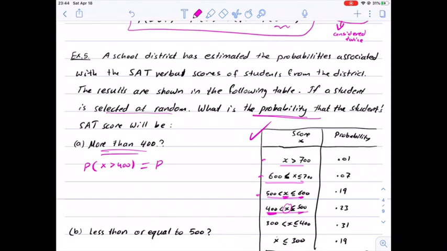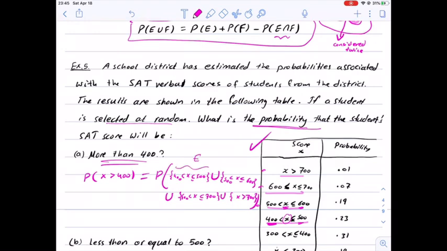We define 4 events. So the probability of X greater than 400 is the probability of X is greater than 400 and less than or equal to 500, union X is between 500 and 600 inclusive, union X between 600 and 700 inclusive, union X is greater than 700.